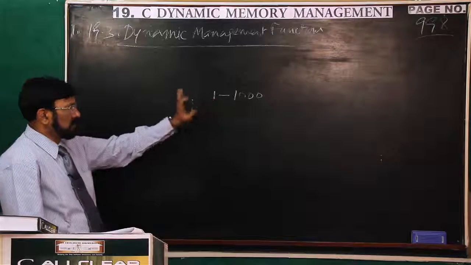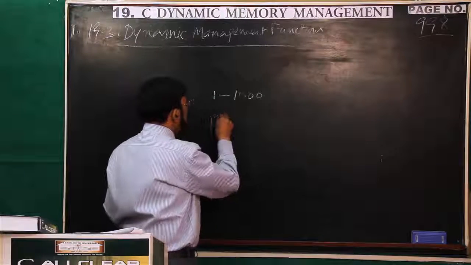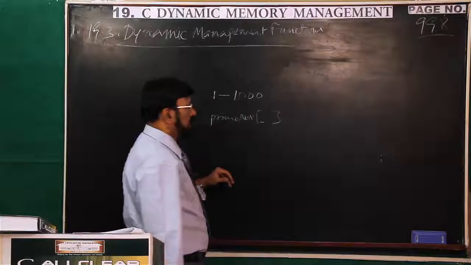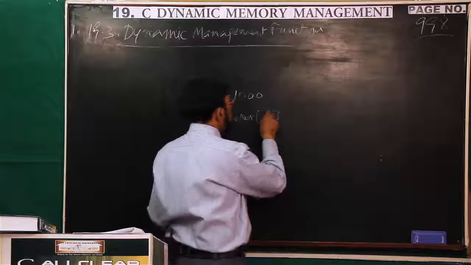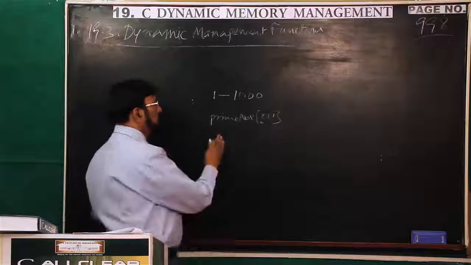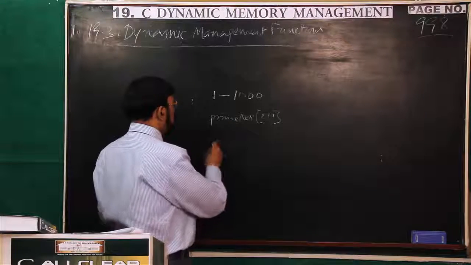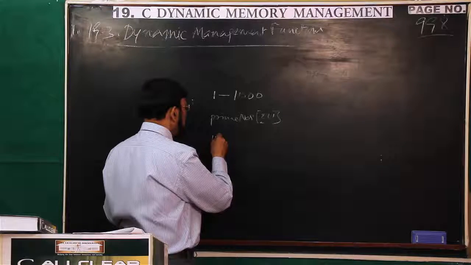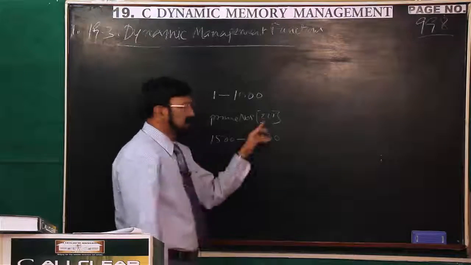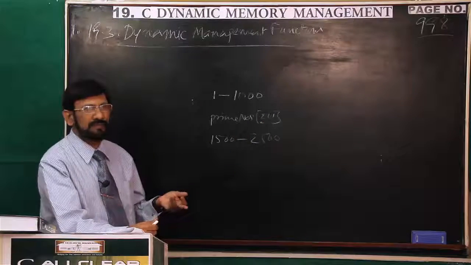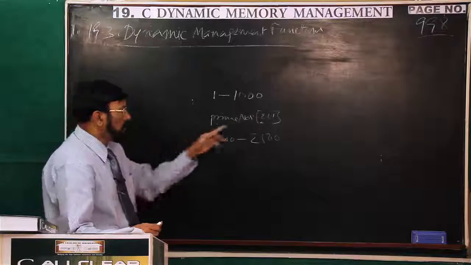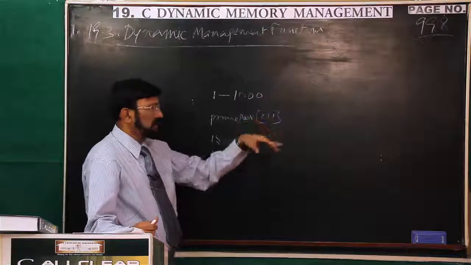Then you have to build an array of prime numbers. Let us say there are 221. Next run we have prime numbers from 1500 to 2500. Then these numbers change. Another set of numbers will also change. So that array may or may not require more memory.